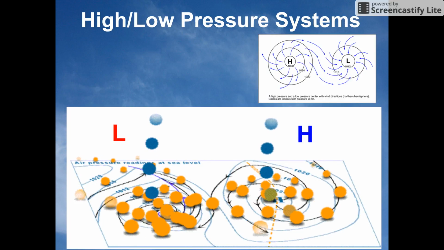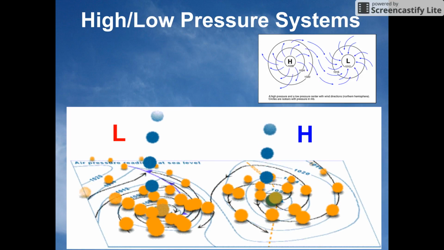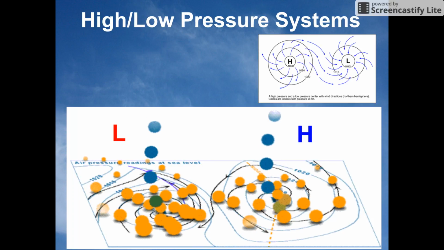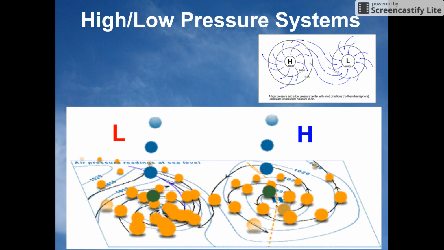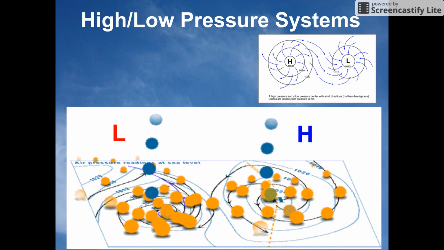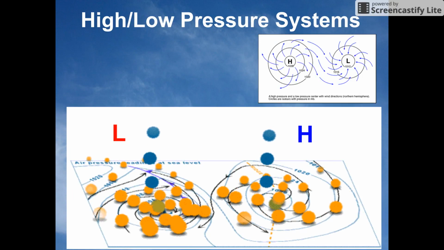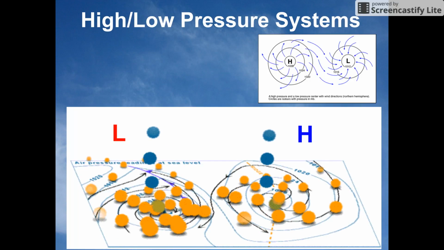The airflow due to the Earth's rotation and friction is directed slightly inward toward the low pressure center and slightly outward away from the high pressure center. The slightly inward moving air in low pressure causes air to converge, and since it can't move downward due to the surface, the air is forced upward, leading to condensation and precipitation as discussed earlier.